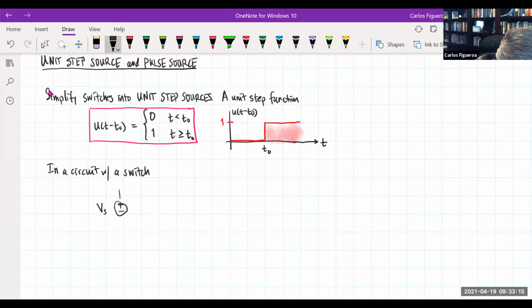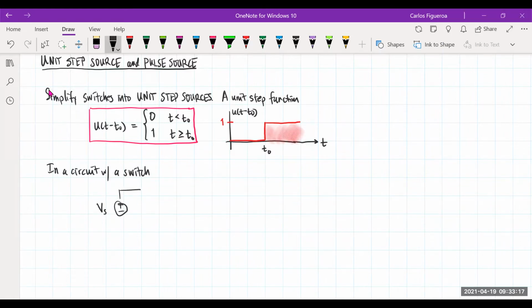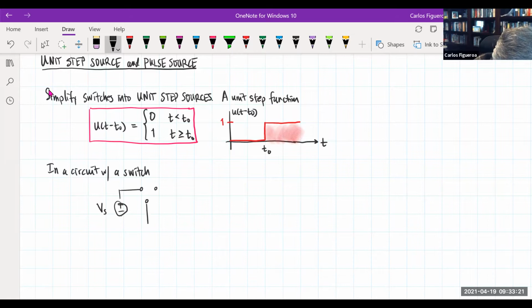And we're going to turn it on and off by a switch here. I should be very careful here. I'm just going to say that's my open. So this is the voltage of the open.